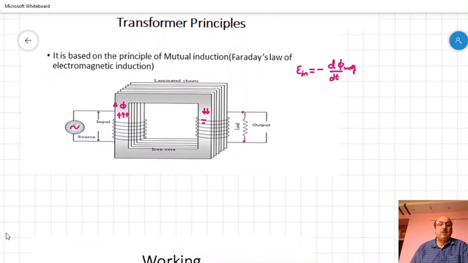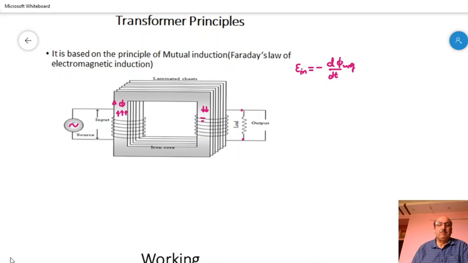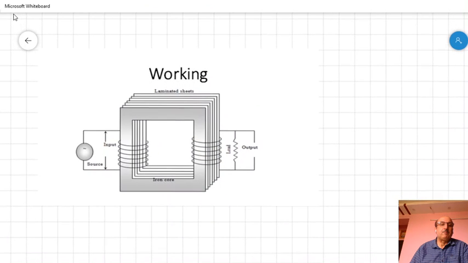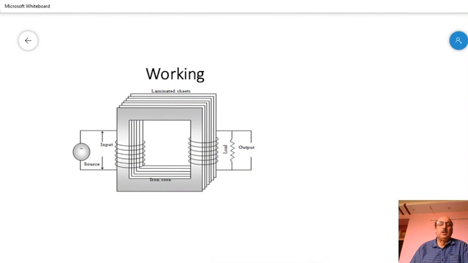Then how does it work? Here is the source.